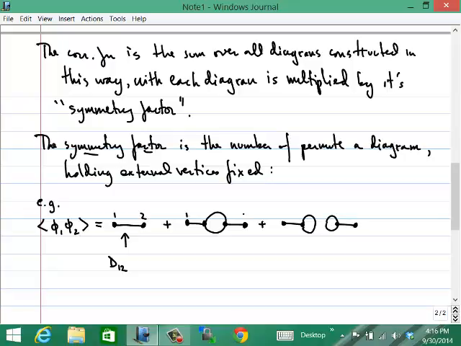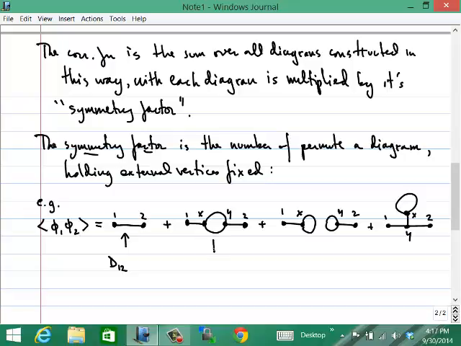So here that's 1, 2, with some independent points that are some internal points that are integrated over. And then there are various symmetry factors associated with these diagrams, which are the number of ways that you can permute the diagram holding the external vertices fixed.